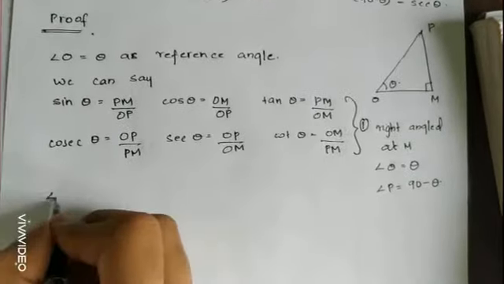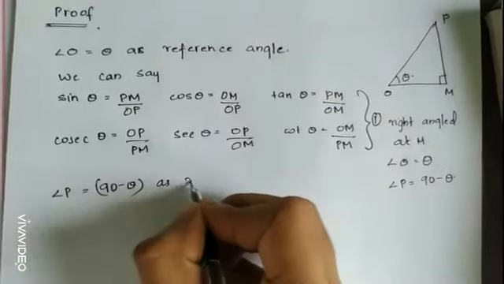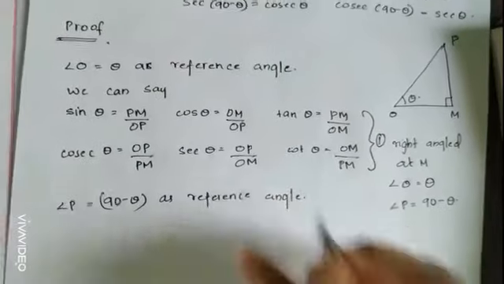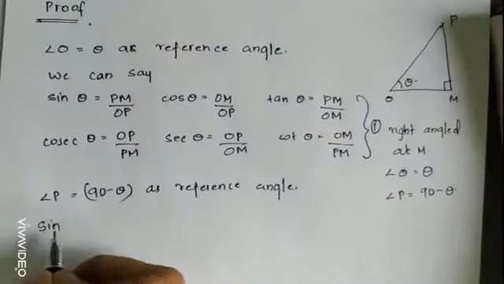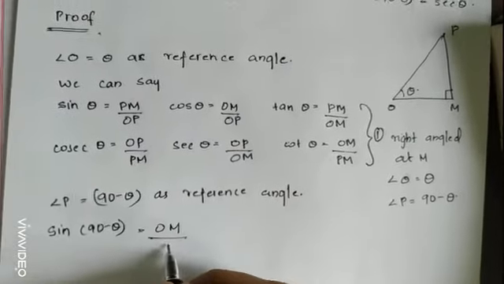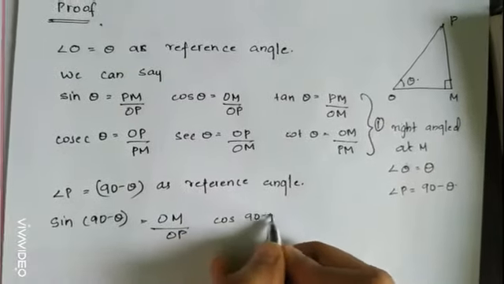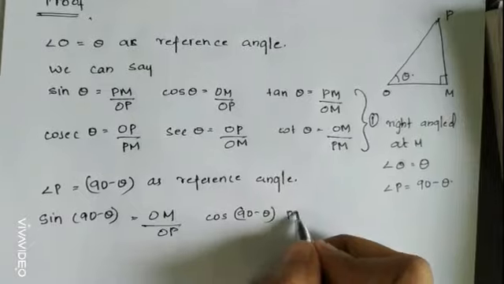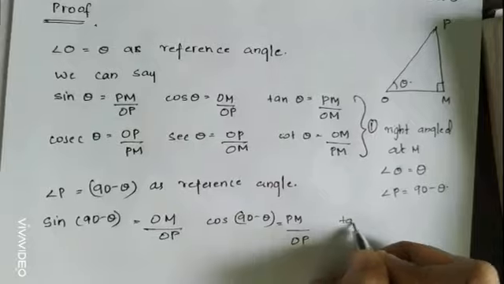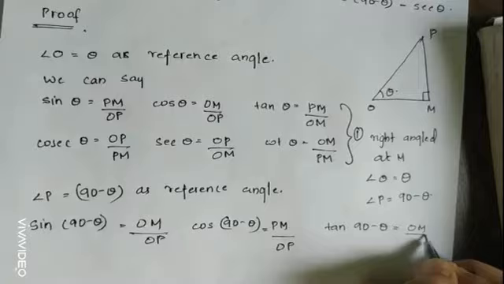Now let us consider angle P, that is 90 minus theta, as reference angle. We can say sine 90 minus theta is equal to OM by OP, then cos 90 minus theta is PM by OP, and tan 90 minus theta is OM by PM.